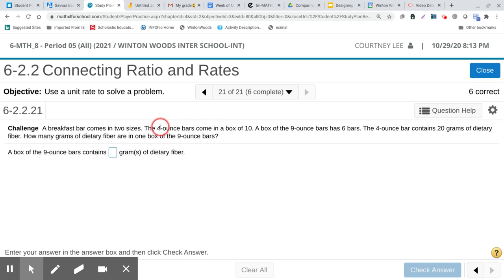So each bar must be 2 grams because it says there's 20. No, the 4-ounce bar contains 20. Oh, sorry. Never mind. Retract that. I need to read. The 4-ounce bar contains 20 grams of dietary fiber. The box of 9-ounce bars has 6 bars. How many grams of dietary fiber are in the 9-ounce bars?